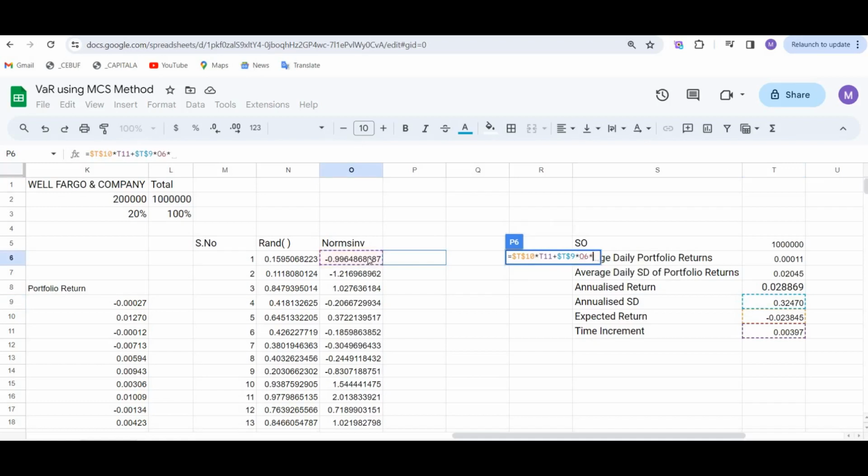Again, multiplied by square root, then again time increment. This time lock it with time increment. Lock this amount.